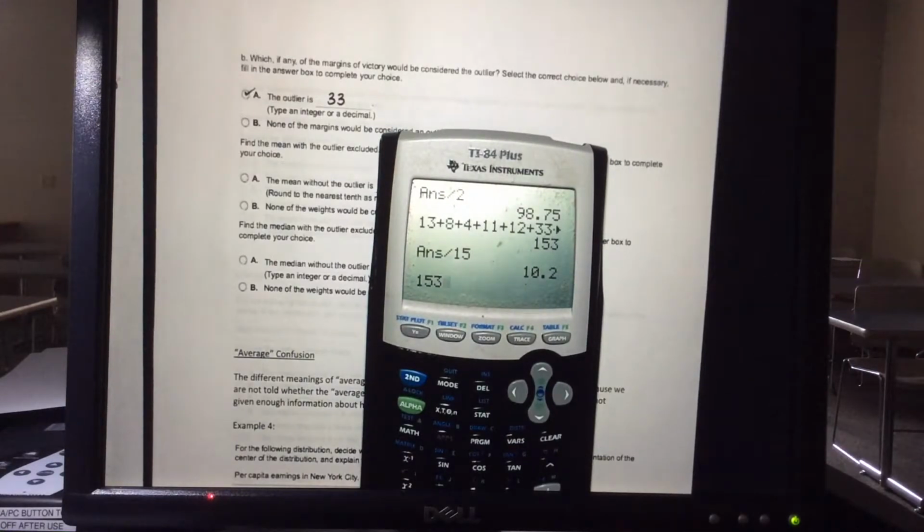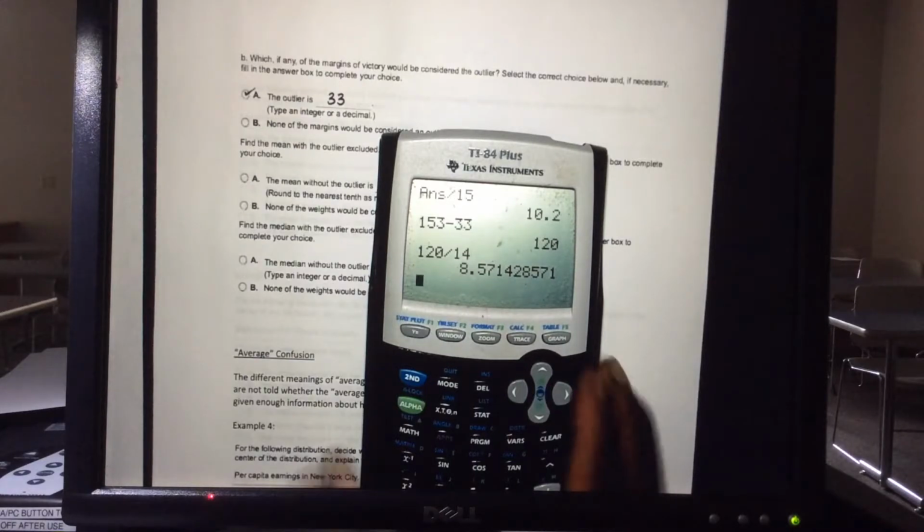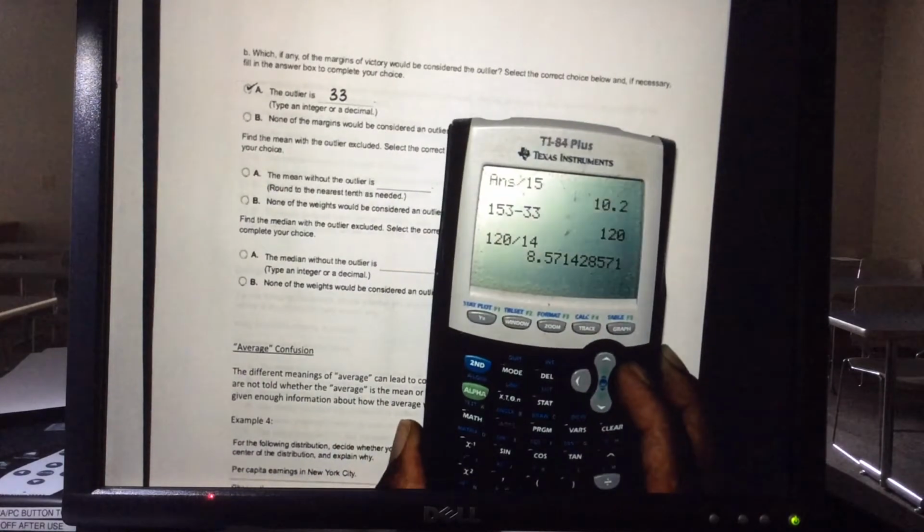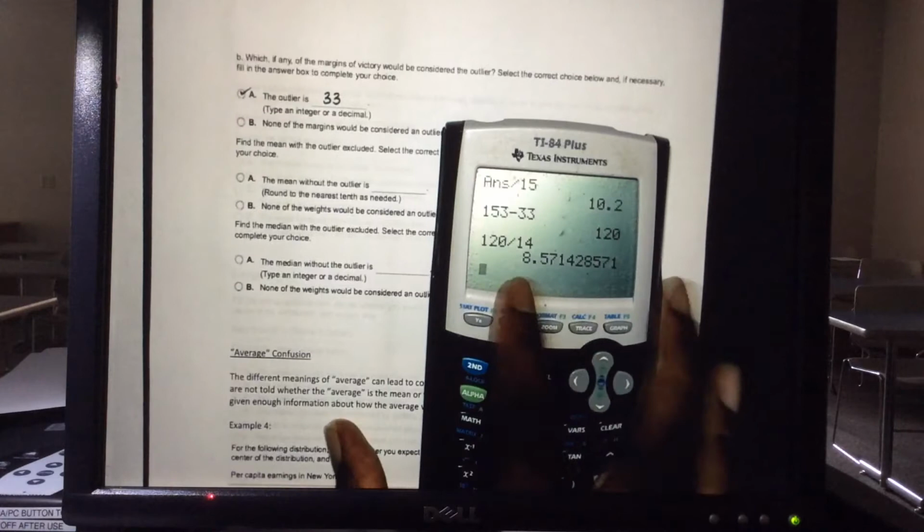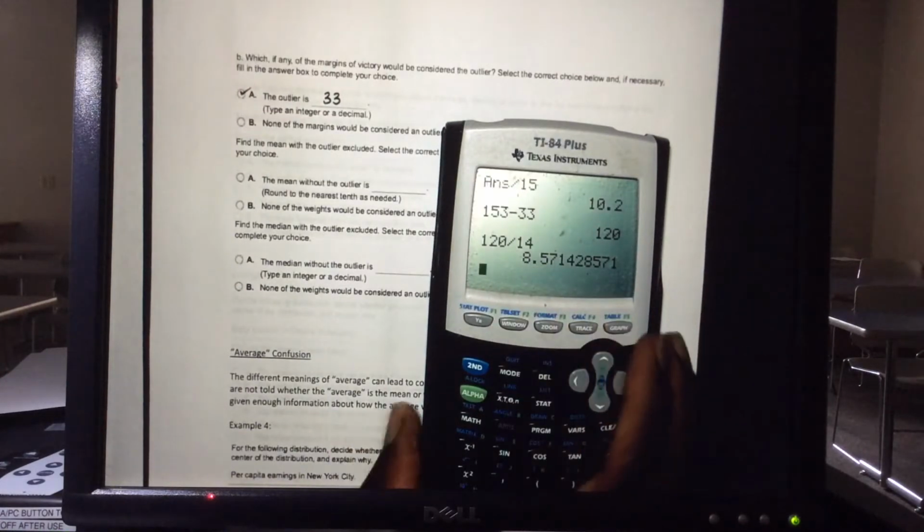If I take away 33 from the 153, I'm going to get 120. And by taking away that outlier 33, instead of 15 data values, I will have 14 data values. So I need to take the 120, divide that by 14. And to the nearest tenth or to one decimal place, I would round that off to 8.6.